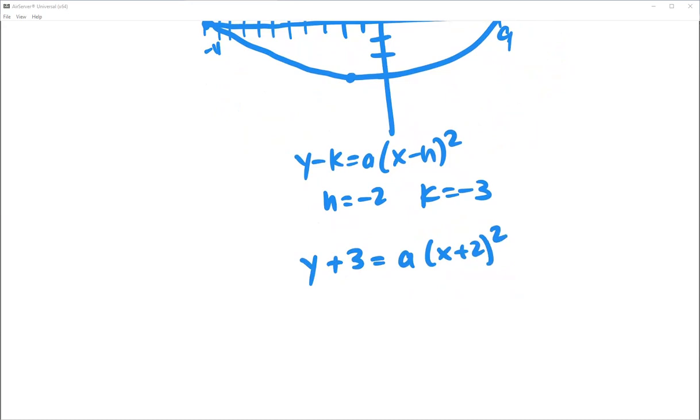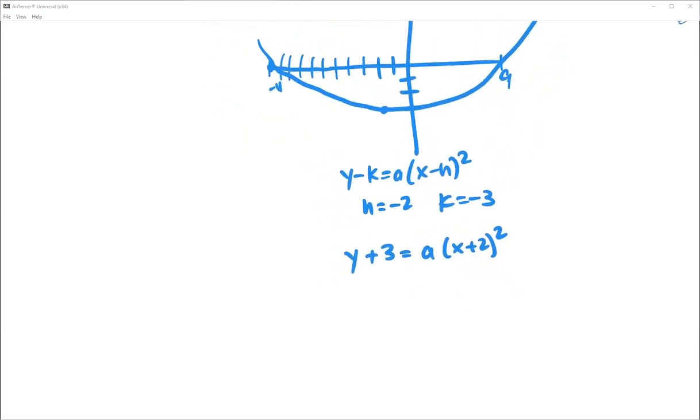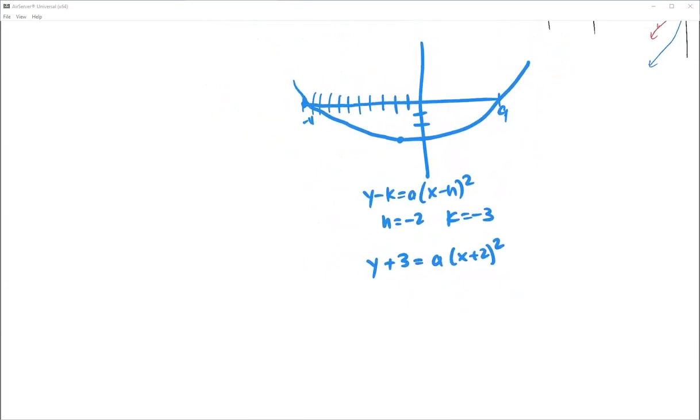Once we do that, we have to find the a. How do we find the a? We have the x-intercept of -11, so we're going to plug in -11 and 0 for x and y, temporarily, so that we can find what the a is. So we have 0 plus 3 equals a times (-11 plus 2) squared.